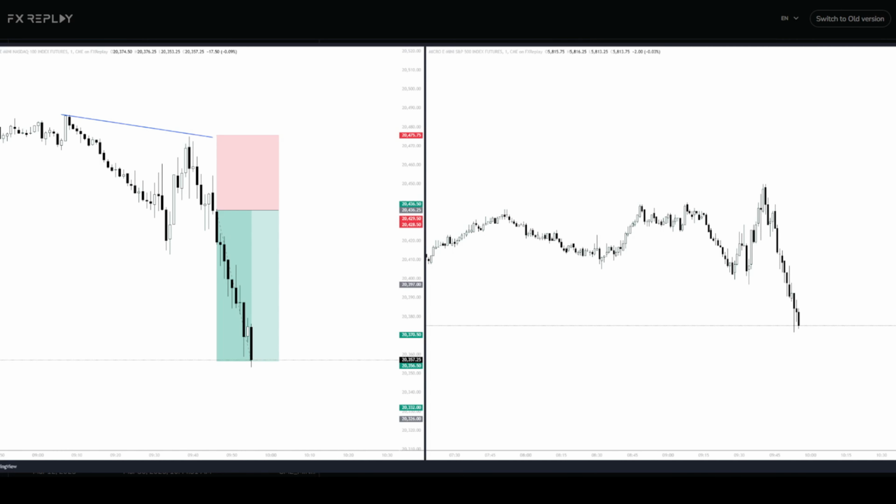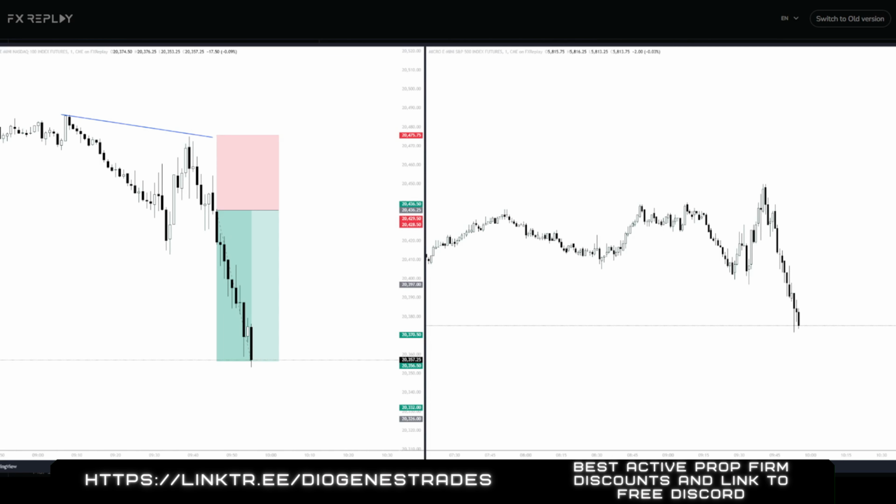When we close under these bodies, you can trust this, and any close back up is another CSD, which is something you don't want. But still, the safe stop was here, because we had this level of liquidity we can take and then move. So the safe stop here, and this wasn't a beautiful trade.